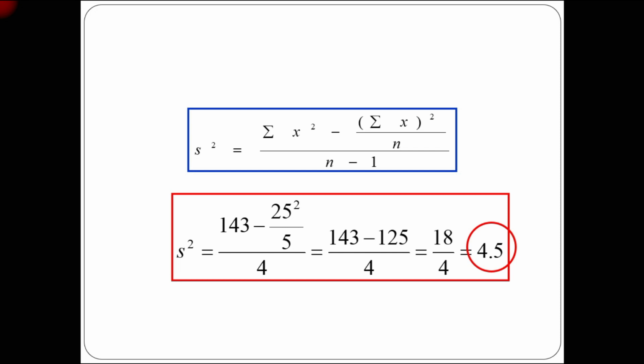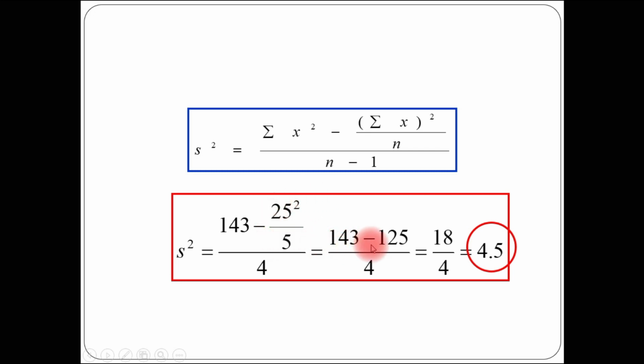Substitute na natin. So, summation of x squared again minus the summation of x quantity squared over n, over n minus 1. So, we have 143 minus 25 squared over 5. So, square muna natin ito na 25 squared, tapos tsaka natin divide sa 5. Okay, so 143 minus 125. Itong 125 na to is nakuha dito sa 25 squared, tapos divided by 5.